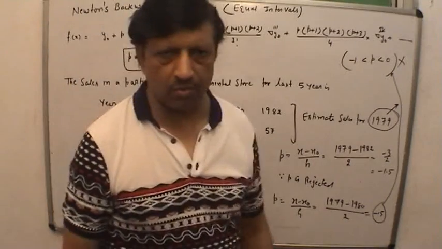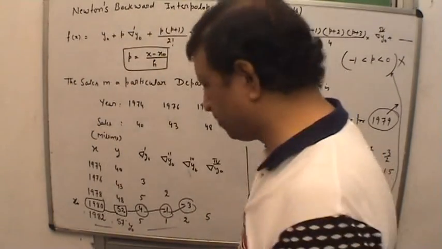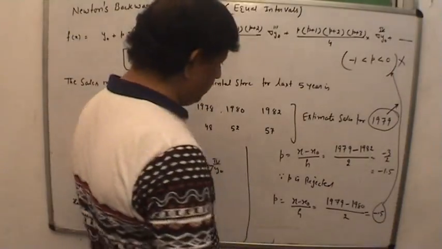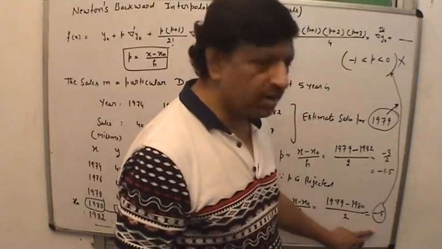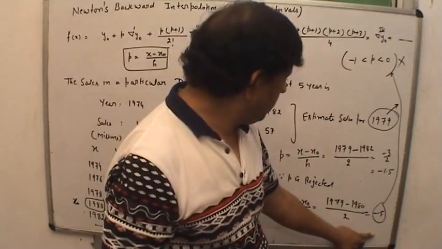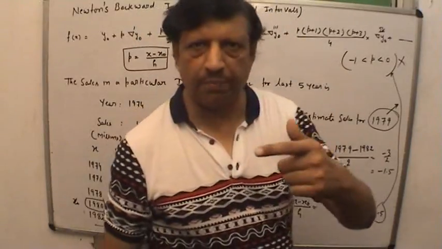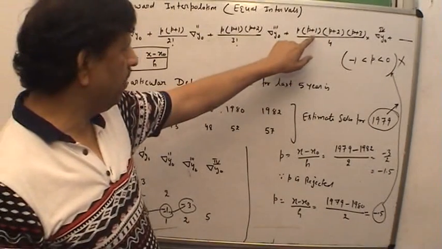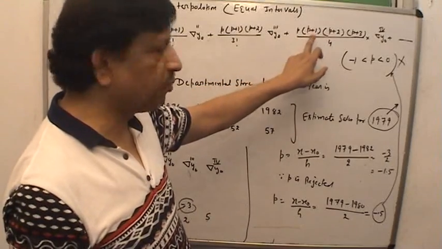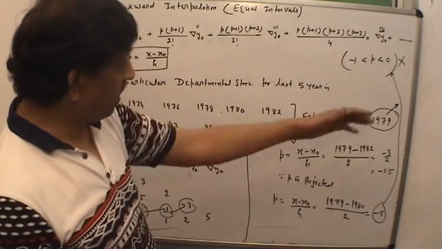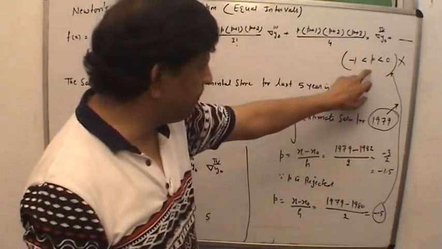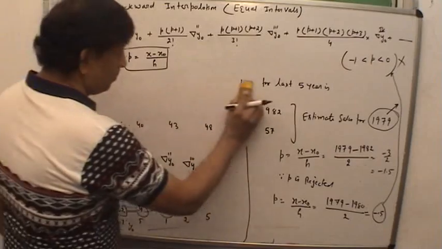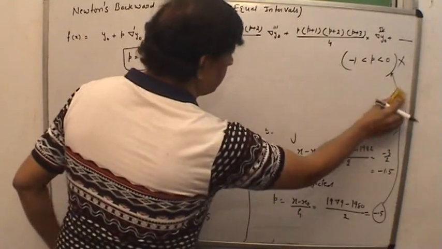Similarly, we follow the rules in the forward difference operator. Then it is simple. Here we see the value of p will come negative. But in the forward, the value of p comes to be positive. That's why we have already changed the formula here, p minus 1, p minus 2 to p plus 1, p plus 2. Otherwise there is no difference in the formula except the properties of the p. We use these values in the given table.